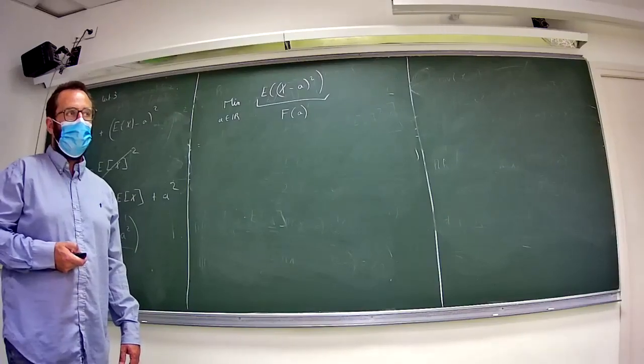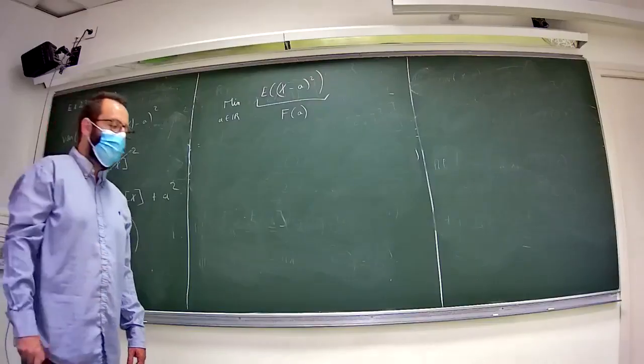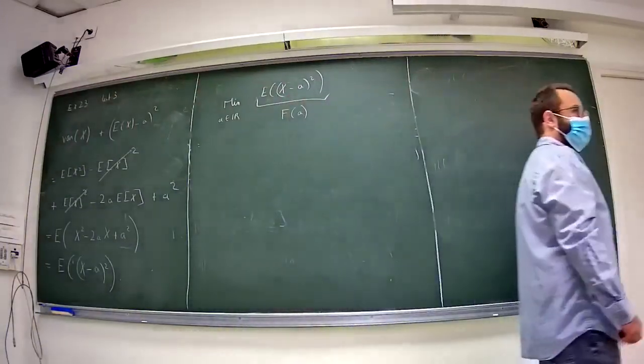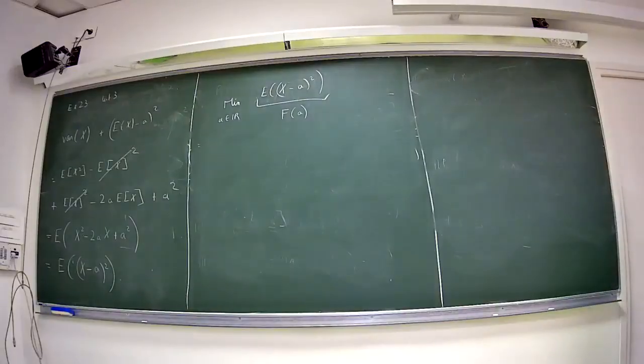Okay? But what is this one? This one is a square. So a square will be minimal when this expression is equal to 0, when a is equal to the expectation of X. Okay? I repeat. If I want to minimize this one, I have written it as a constant plus this term.